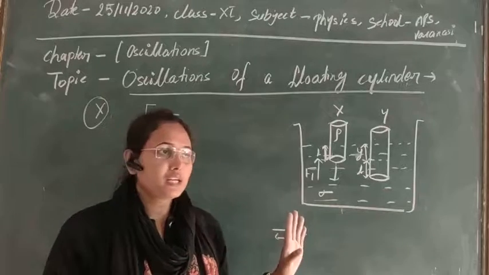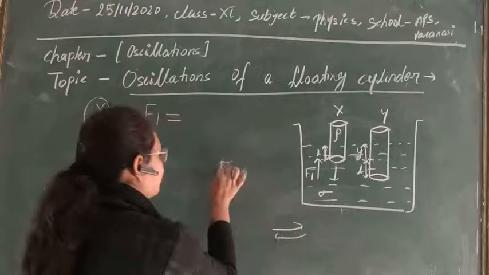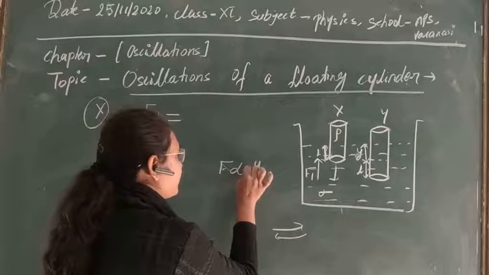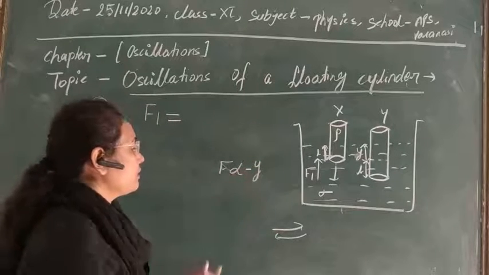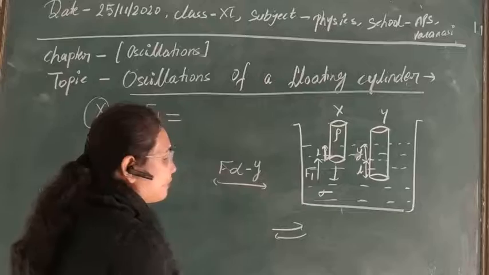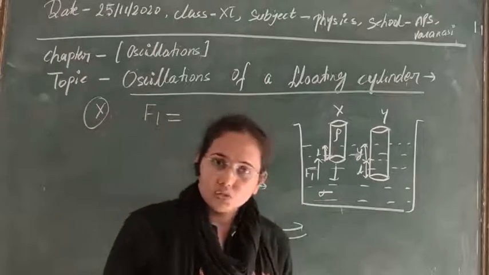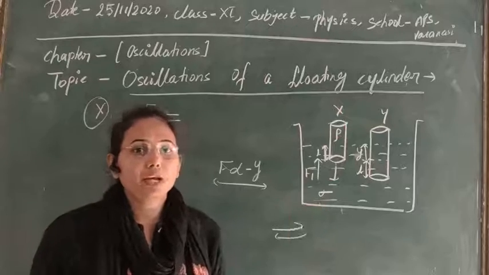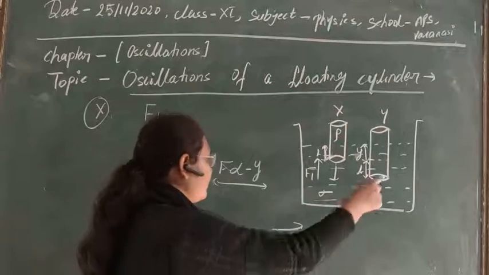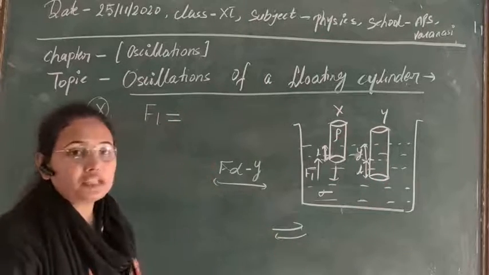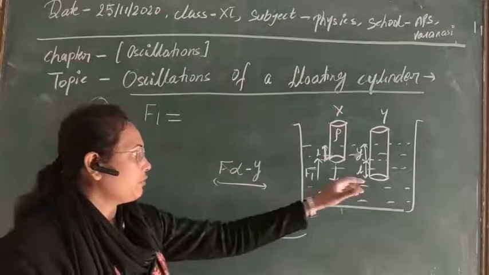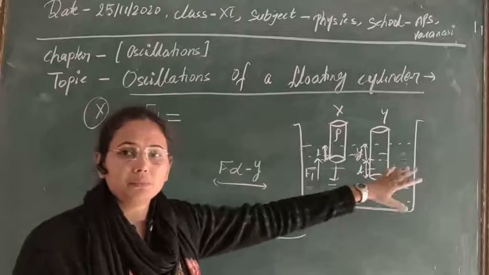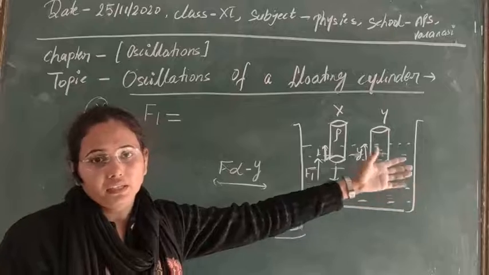So basically we see again that this force is directly proportional to the displacement, and the direction is just opposite. So this system is now performing simple harmonic oscillation. So easily we can prove that the floating cylinder can perform simple harmonic oscillation in a very easy way by displacement.